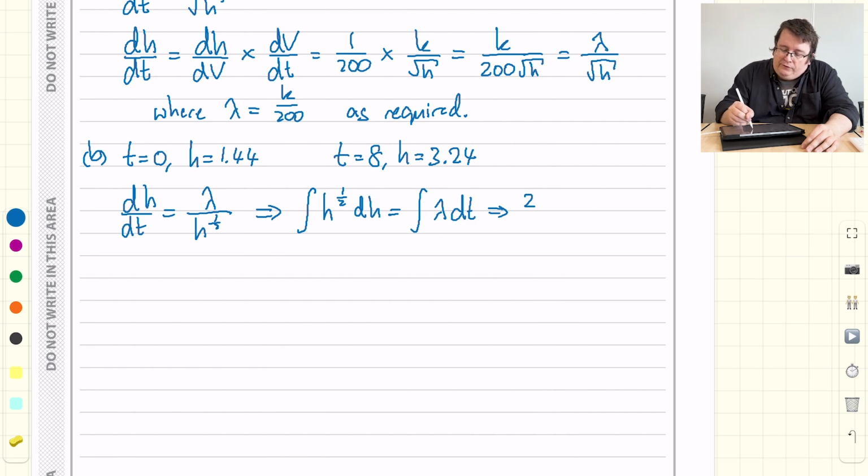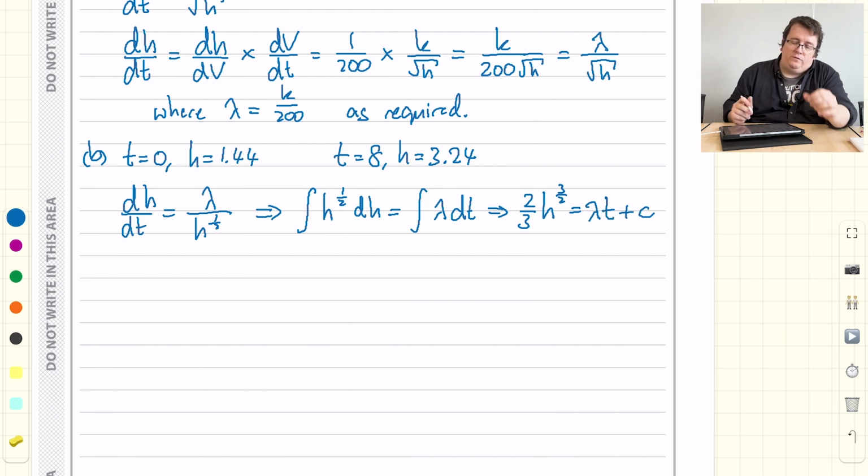So 2/3 h to the 3 halves. And on the right hand side, lambda is just a constant, so that's going to integrate to lambda t plus a constant of integration. So you're going to put the constant of integration on the right hand side as we traditionally do. And I've got those 2 bits of information that's going to allow me to work out lambda and c.